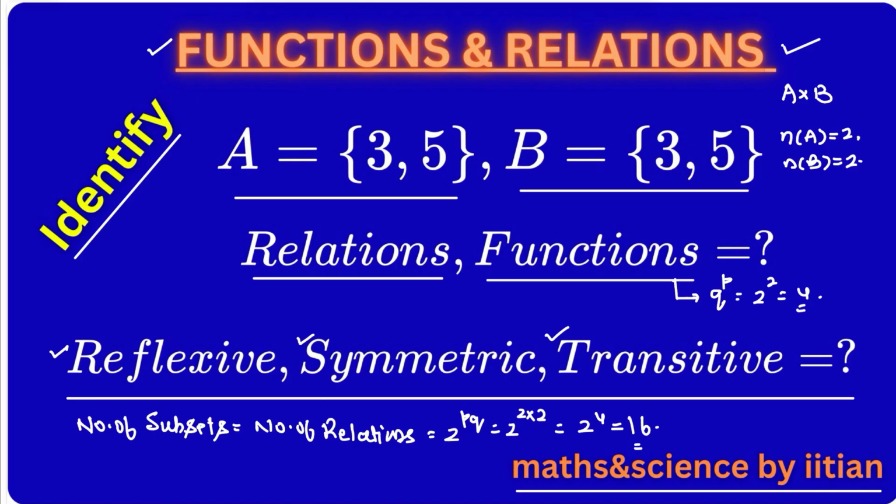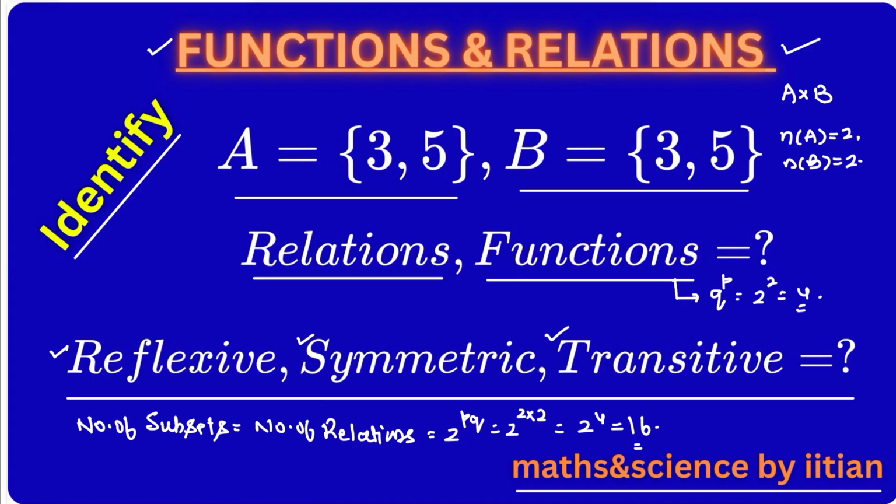How many are there? That is our target now. The target of this lecture is to find out the reflexive, symmetric and transitive relations when A and B are given with a certain cardinality of both of them.